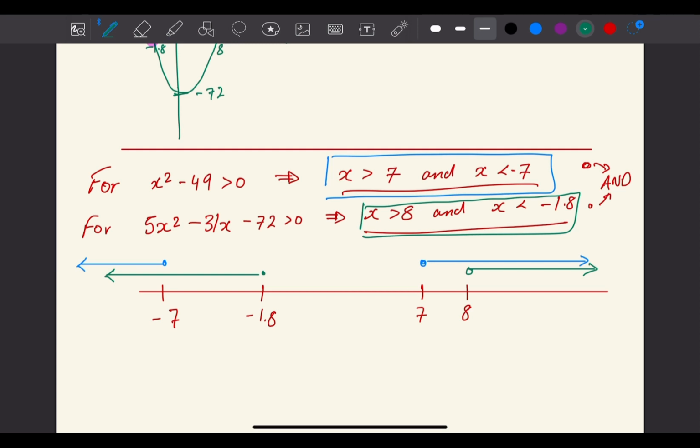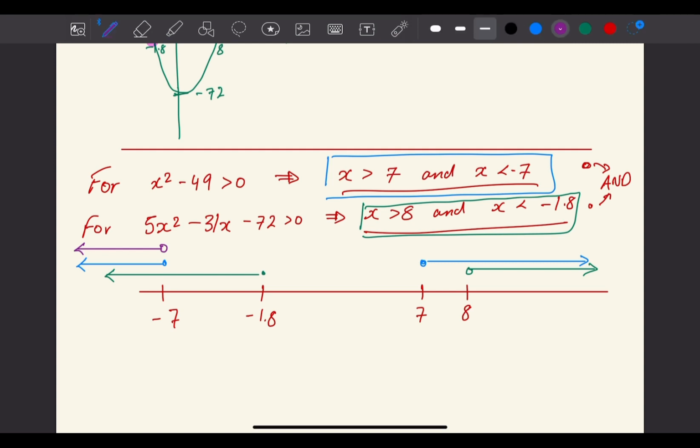So let's take the negative side. The green and the blue are only true here when x is less than minus 7. So from this bit onwards. Because if x is, for example, less than minus 5, then it's not less than minus 7, if that makes sense.